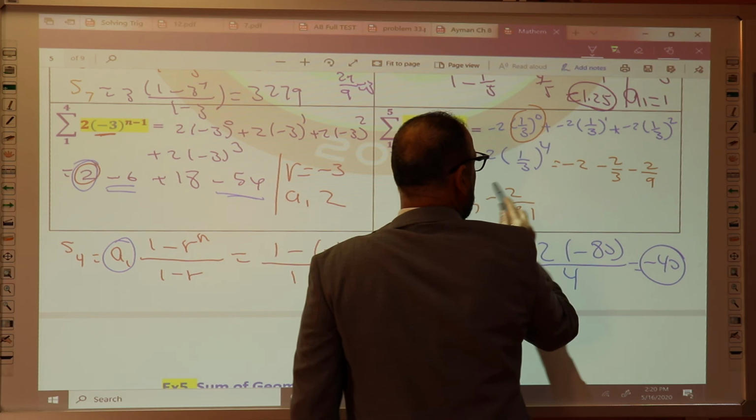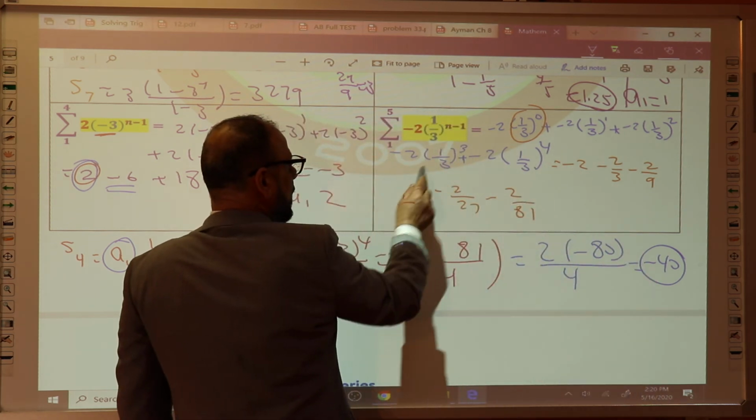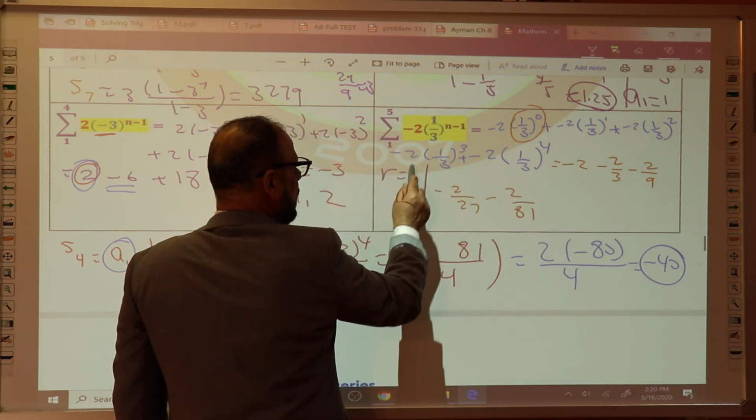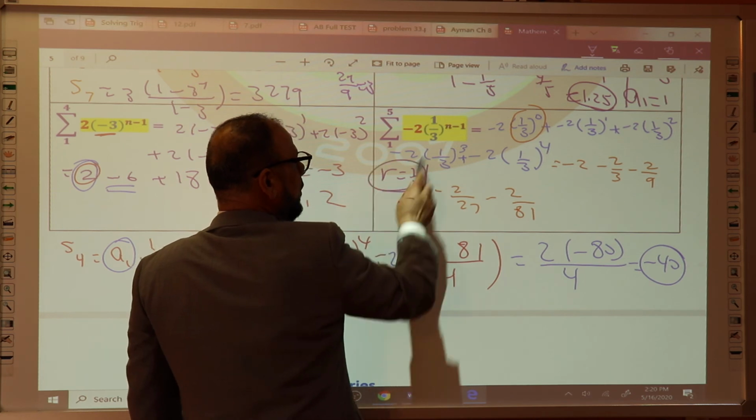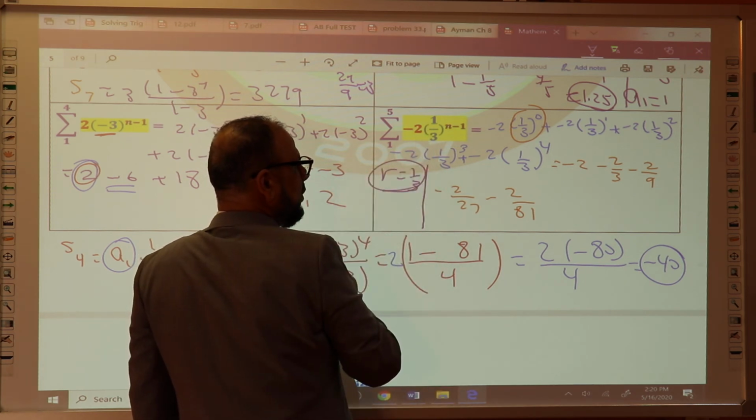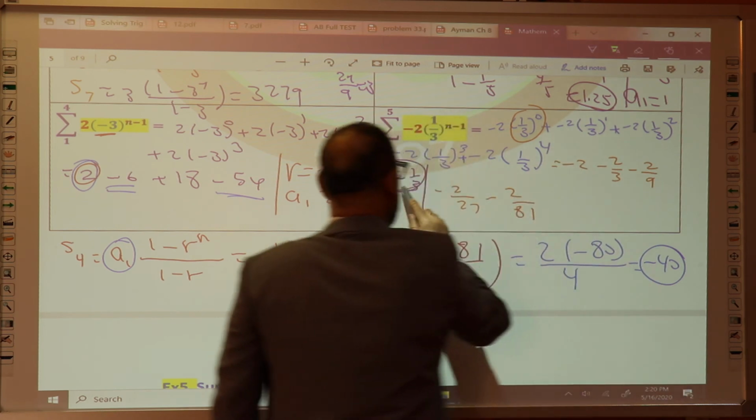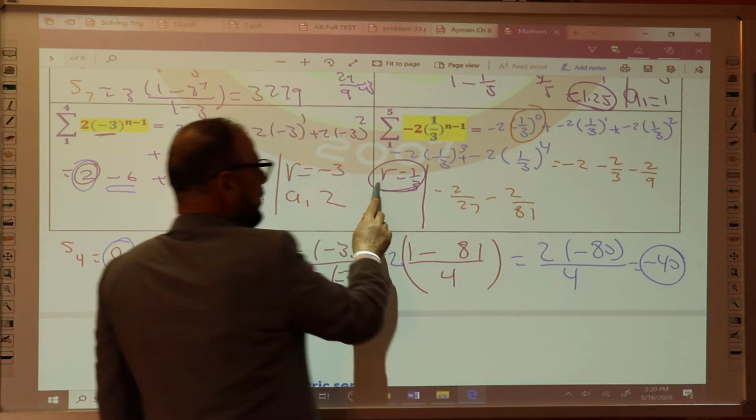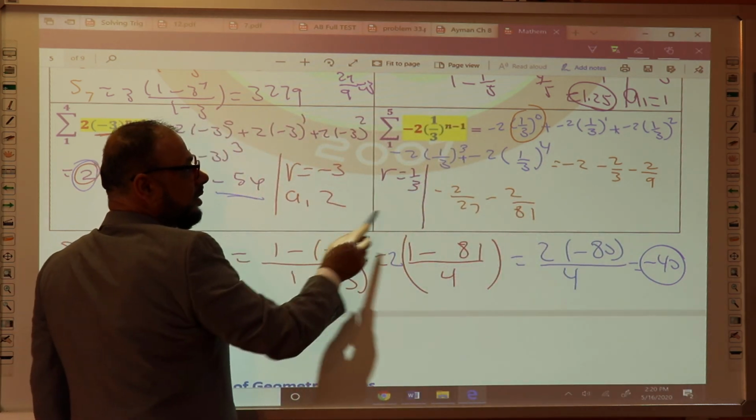And to find the sum here, it's an easy way. Now since the ratio R here is 1/3, right? R is 1/3.